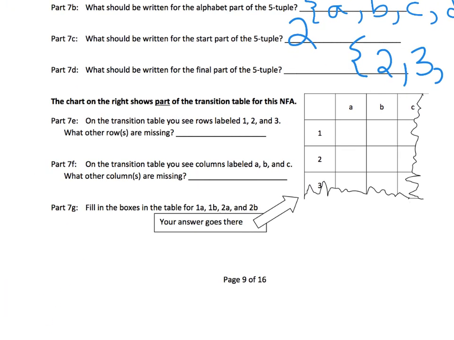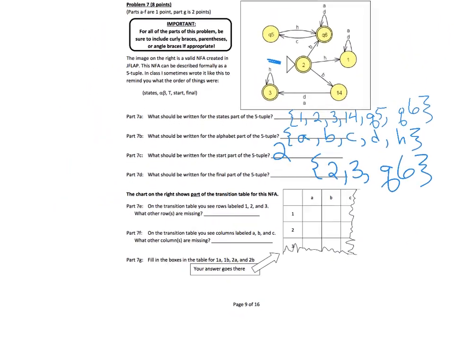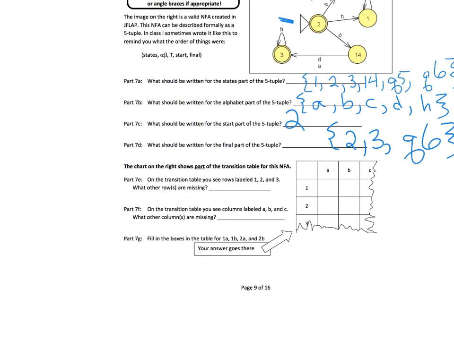And the chart on the right shows part of the transition table for this NFA. You see rows labeled 1, 2, and 3. What other rows are missing? So we look and we know that for this NFA, we need a row for every other state. Wait, these are the rows, right?